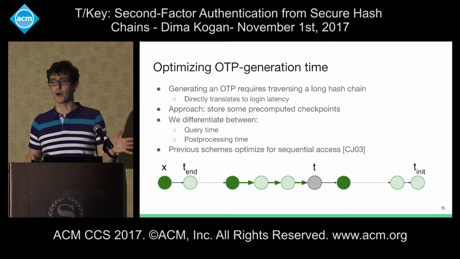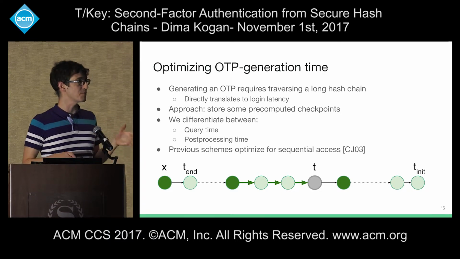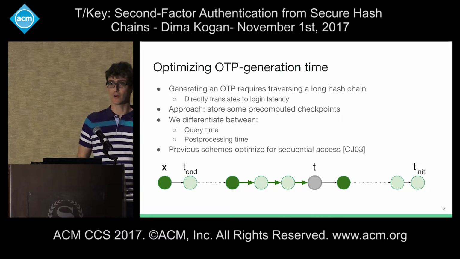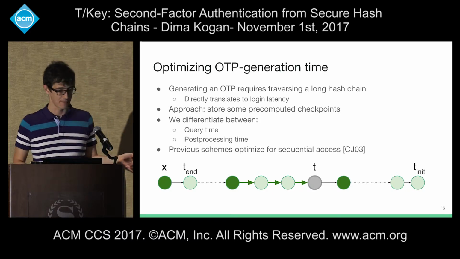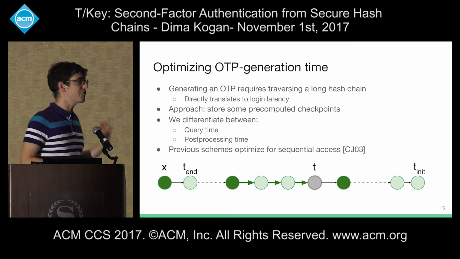So the standard approach to solve these kinds of problems when dealing with hash chains is to store some pre-computed checkpoints, often also called pebbles, along the chain. But for our specific application, we can slightly refine the model.